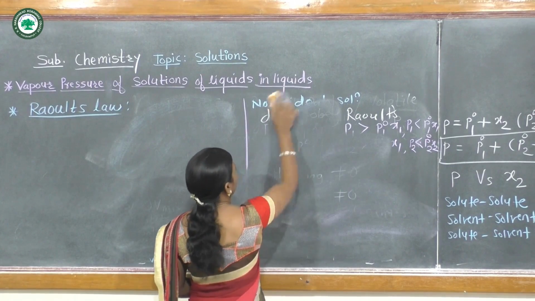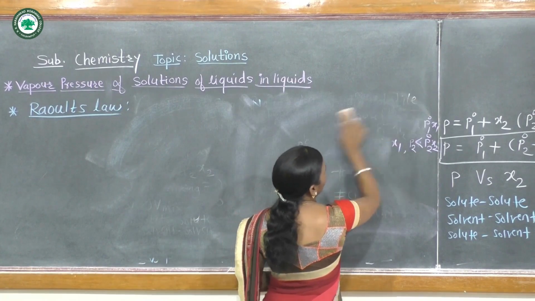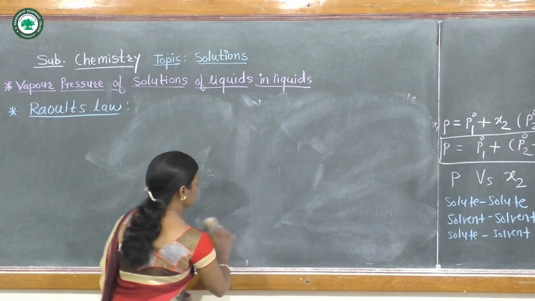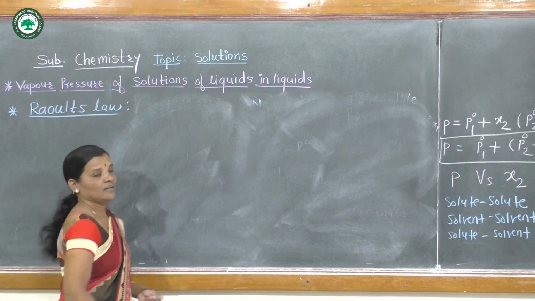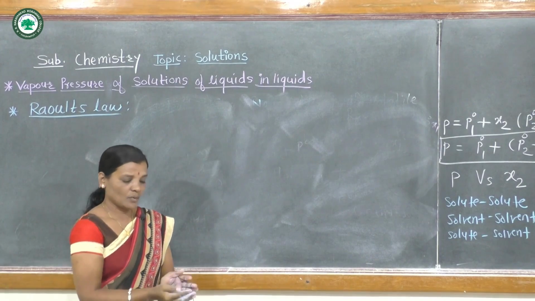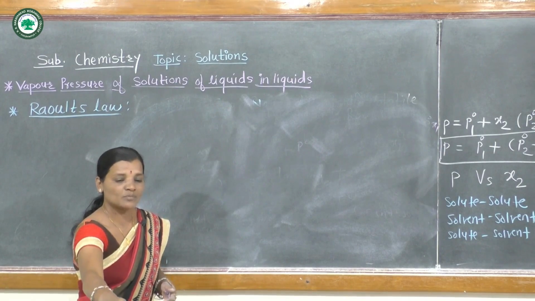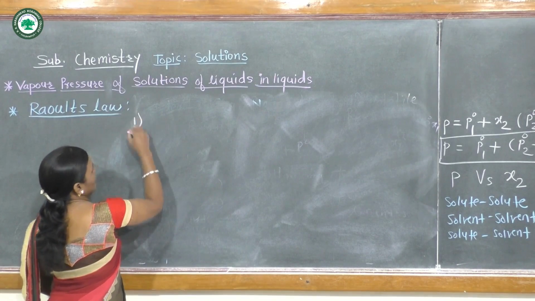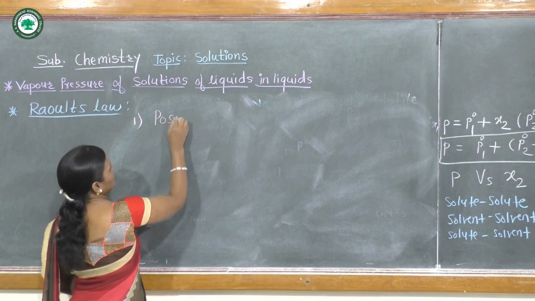Now let us see how the partial vapor pressures of the two volatile components differ. Let us see the two types of deviations. First one, positive deviation.